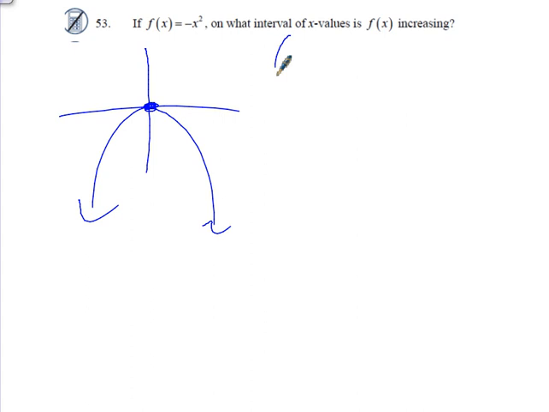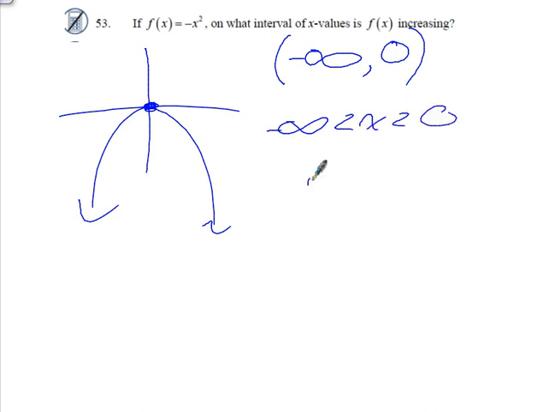So the answer to this would be, we always go left to right, so -infinity to 0 is when it is increasing, or you could say -infinity is less than x is less than 0, or really you could just say x is less than 0. When x is less than 0, it's increasing.